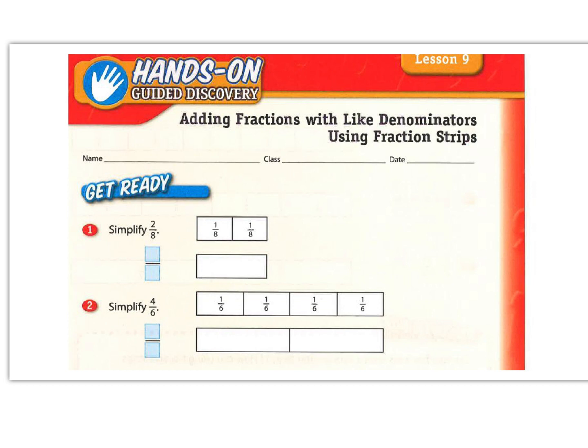So simplify 2/8. Well, if we have 2/8 and we use fraction strips, we can see that 2/8 is the same as something else. So when we simplify, remember, simplifying just means that you are making an equivalent fraction, okay?